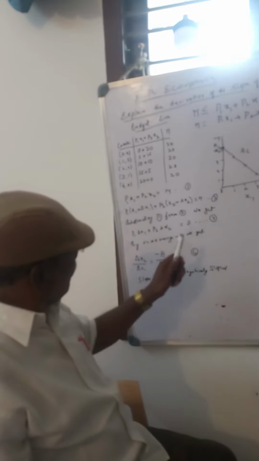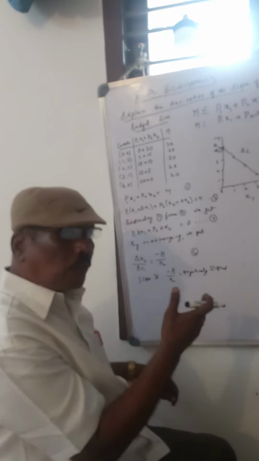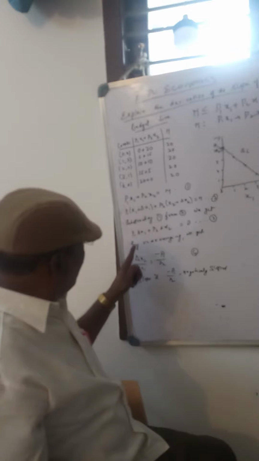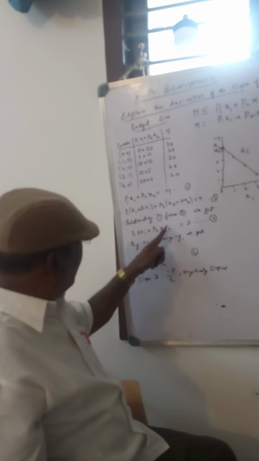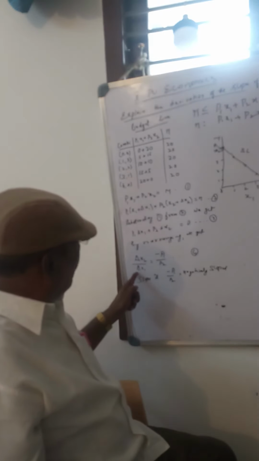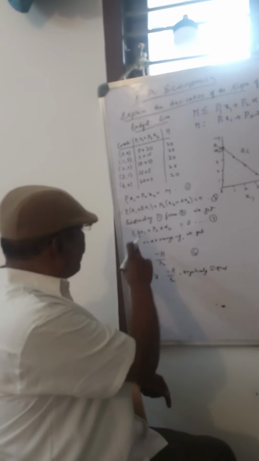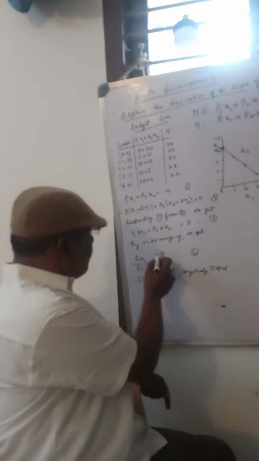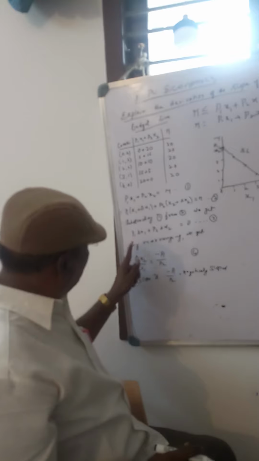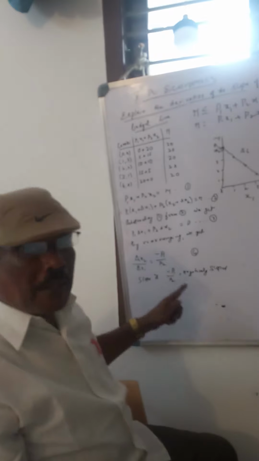By rearranging, you take all the X's on one side and the P's on the other side. So you will get delta x2 divided by delta x1 is equal to, when you take this P from this side to this side, it becomes minus, minus P1 divided by P2.